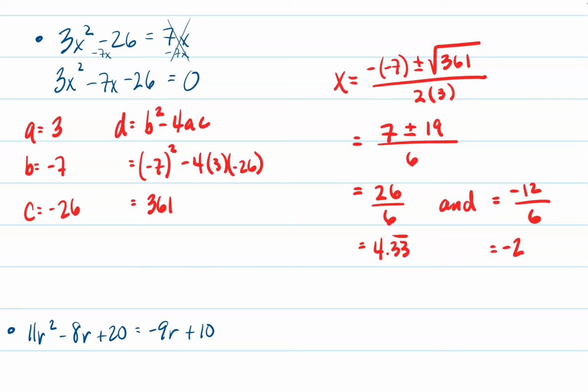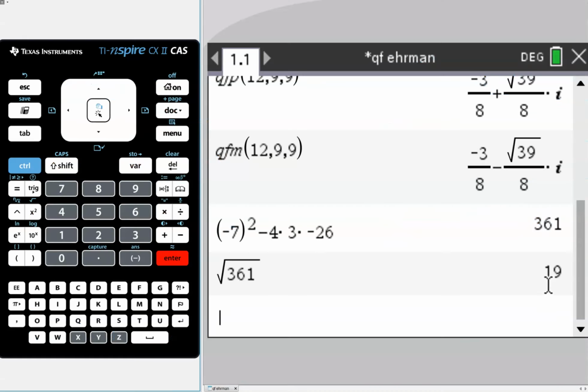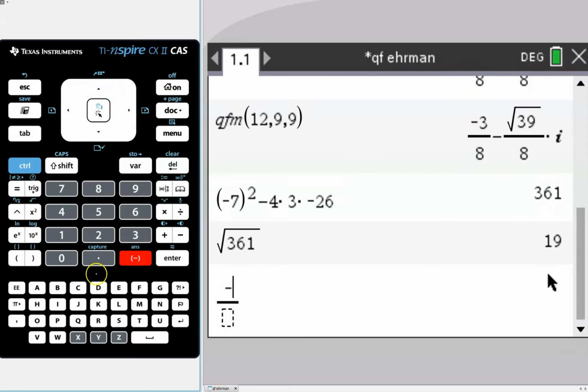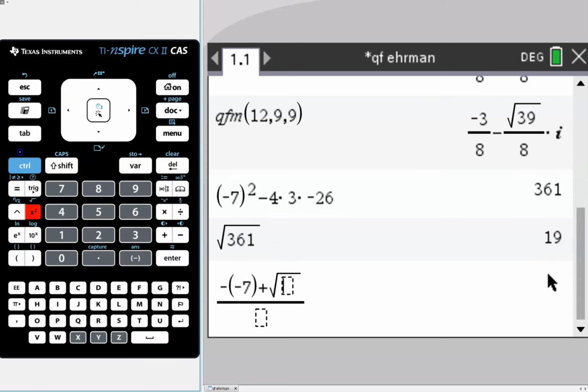But in fact, I think what I'll do is I'll enter this. Oh, what the heck. Let's go back to the beginning. If we're going to use the calculator, we might as well use it all the way back here. So let's go ahead and do that. We'll run this twice. I'm going to create a fraction by control divide. And we had a negative 7 plus the square root of 361, all divided by 2 times A, which was 3.